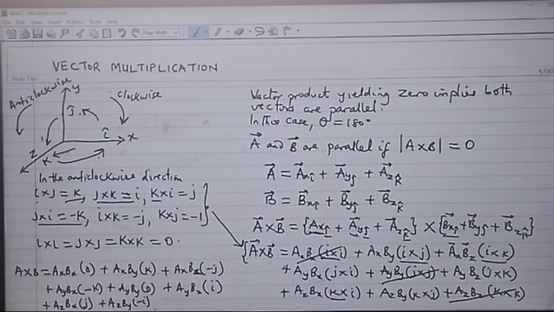Minus I plus AZBZ. K cross K is 0. So this is off, this is off, this is off.